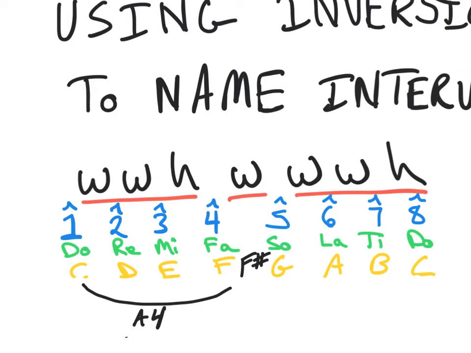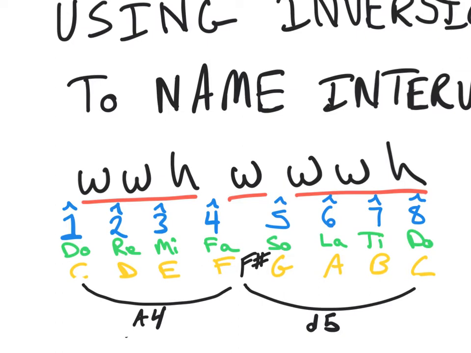What is the inversion of an augmented fourth, which we also call a tritone? The inversion of that tritone is going to be what we often colloquially call a tritone as well, but this is actually going to be a diminished fifth. Remember, to calculate the generic interval, we have to count the letter names.